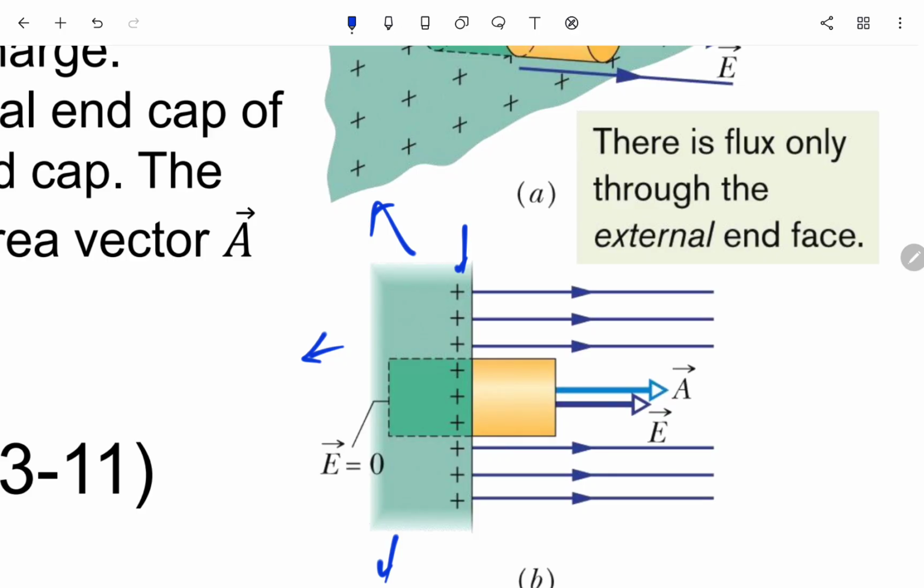It means that if there were some charge inside, and you draw a Gaussian surface inside the conductor, there should be some flux, which means there should be some E field inside.